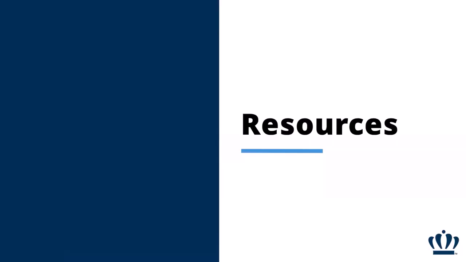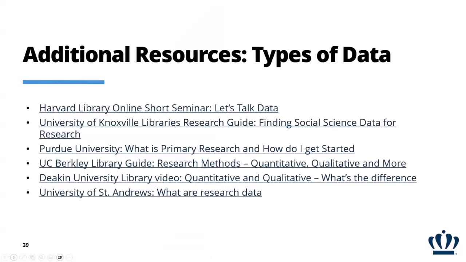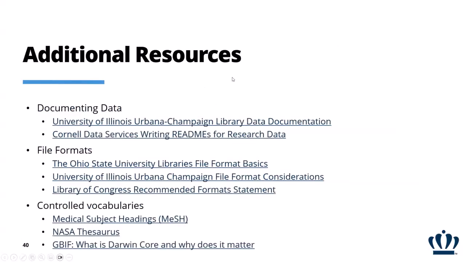So before we close, I just want to provide a couple more resources. This is more of the types of data, primary research, social science data, what's the difference, that sort of thing. I did want to put a couple more things about making your data more open as far as documenting data. Cornell has a really nice example of a README file that you might want to use.